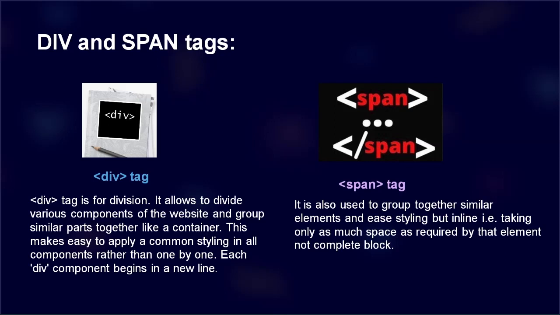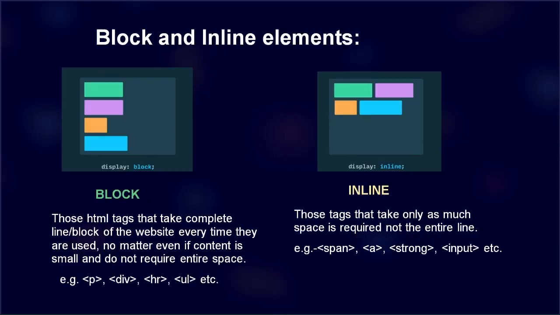Now, what is block and inline? So those elements which take up the entire line, the entire block when they are used, are block tags. No matter how much space they are requiring in that line, they will not allow any other tag or any other element to come into that box.